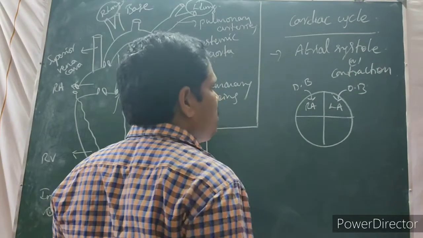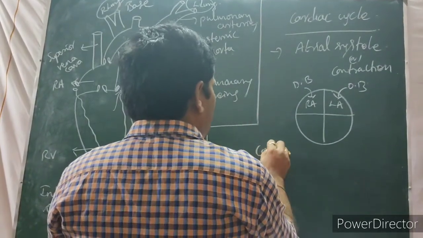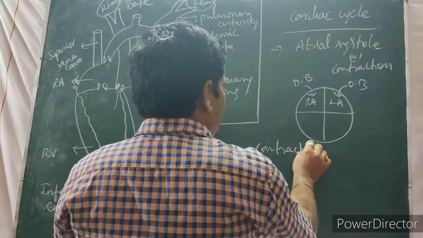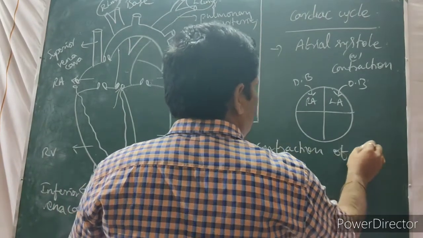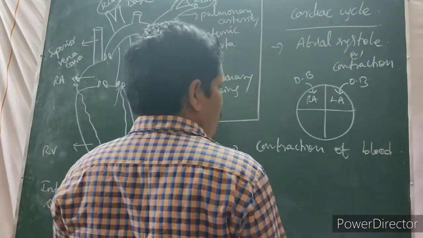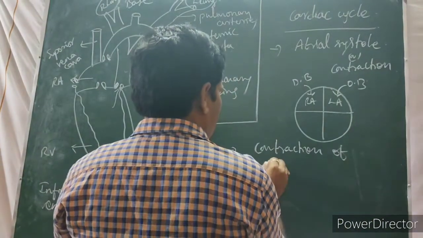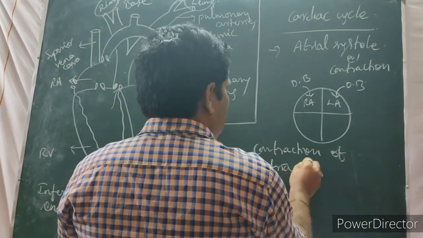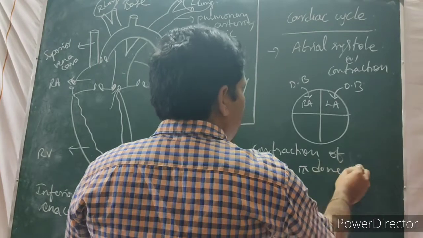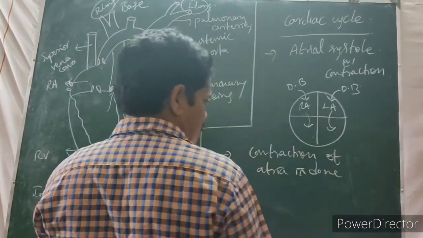When atrial systole happens, the atria contract. So what happens? Whatever blood is present in the atria enters into the ventricles.